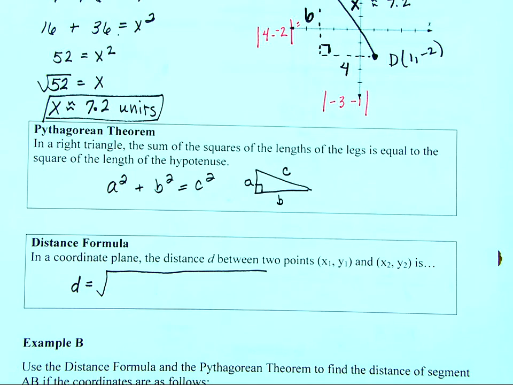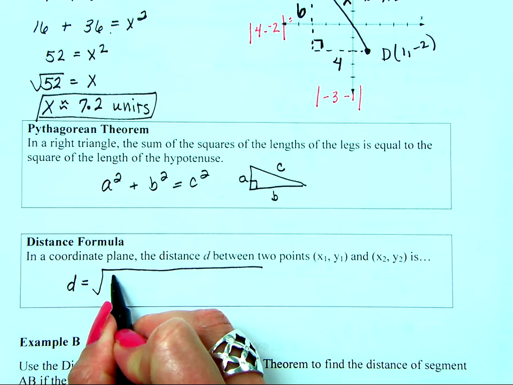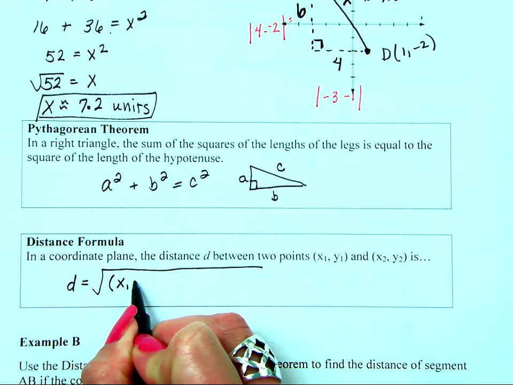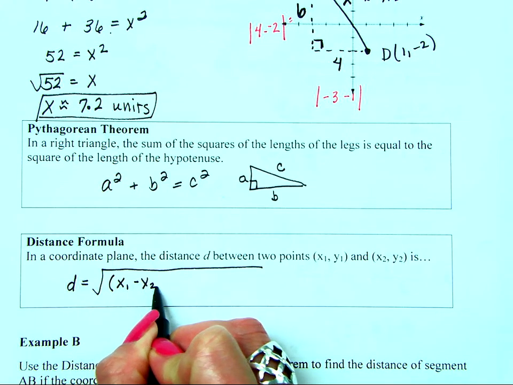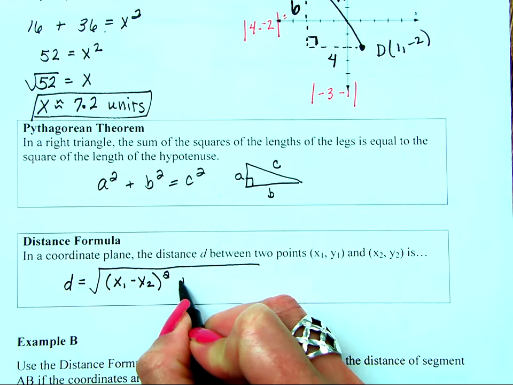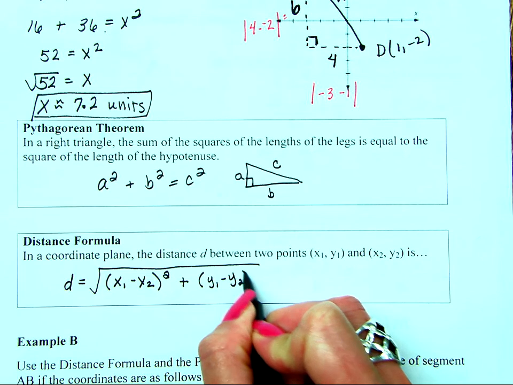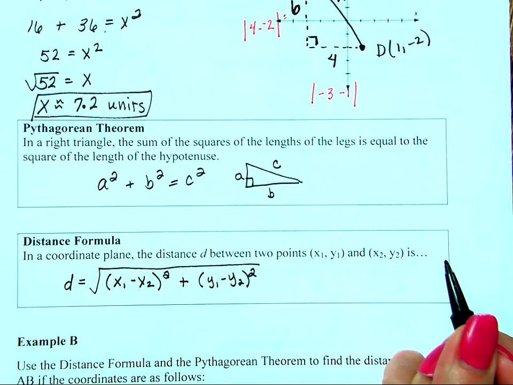If my endpoints are x1, y1, x2, y2, this is how the formula is going to look. They're going to take x1 minus x2 quantity squared plus y1 minus y2 quantity squared.